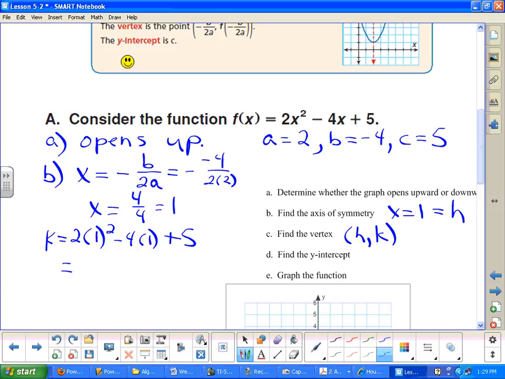So we get, what's 1 squared? 1. So 2 times 1 is 2, minus 4 plus 5, which equals 3. Okay. All right, so my vertex then is the point 1, 3.